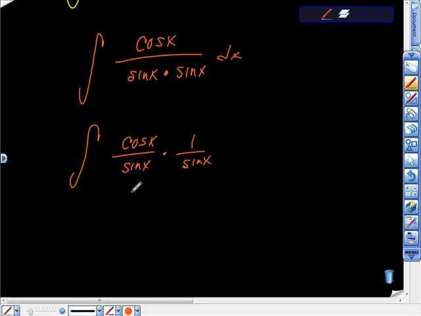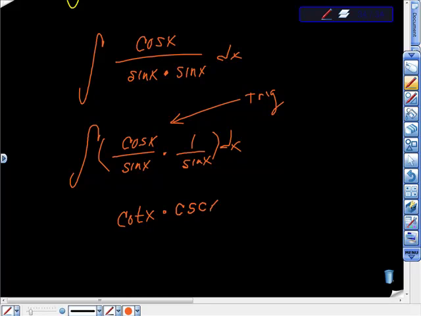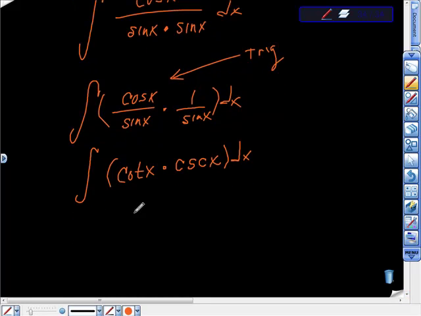Well, what is cosine over sine? This is all the x. What is cosine over sine? Go back to your trig. This is a trig identity. And we know that cosine x over sine x is cotan x. So we have cotan x times 1 over sine, which is cosecant x. Right? From here, we can integrate, because there is a formula that covers that.